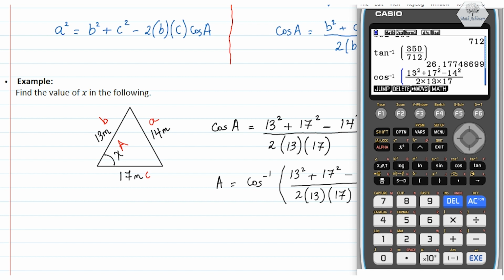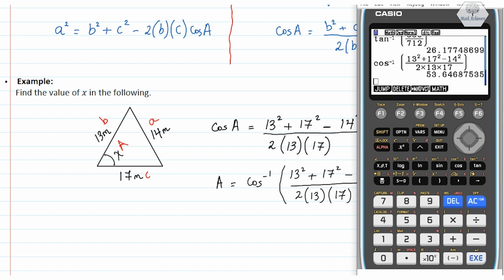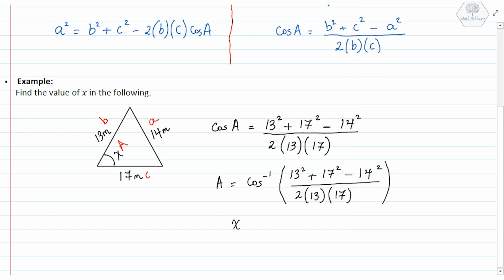And we close the bracket and execute now. So we can find that angle A is equal to 53.6 degrees. So the value of x is equal to 53.6 degrees, rounded to 3 significant figures.